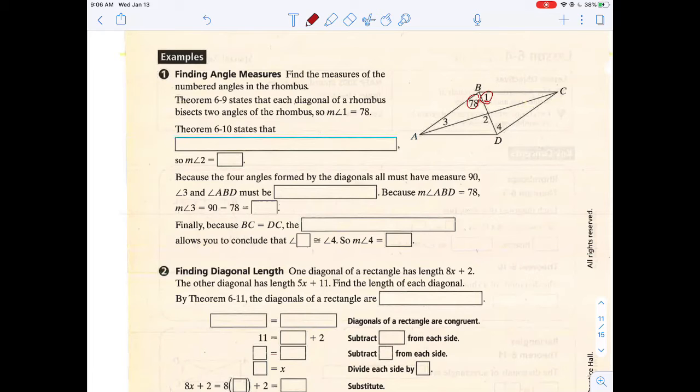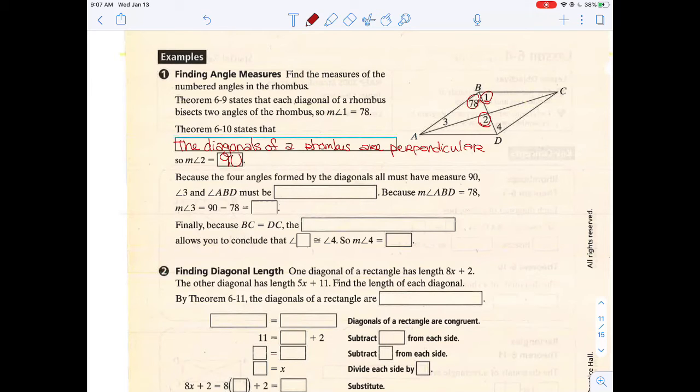Theorem 6.10 states that the diagonals of a rhombus are perpendicular. So the measure of angle 2 is 90 degrees because it's at the intersection. Perpendicular means it's 90 degrees.